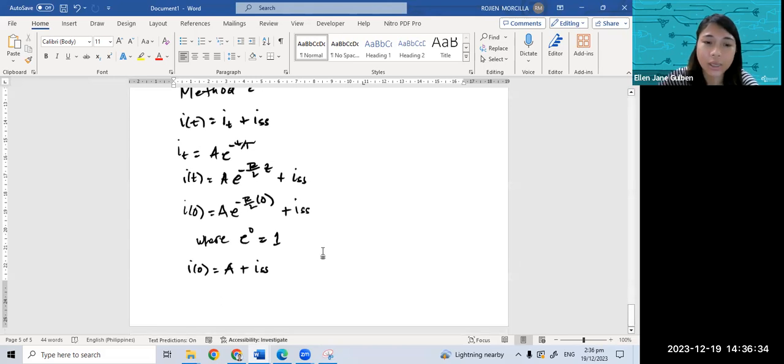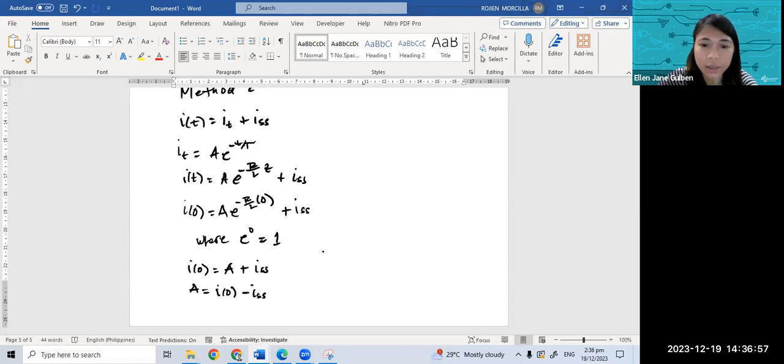So what is the value of A? We don't know the value of A, so we transpose: A is equal to I0 minus I steady state. So we can see this is the transient response.